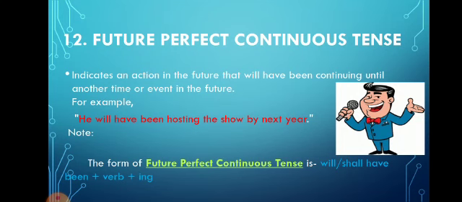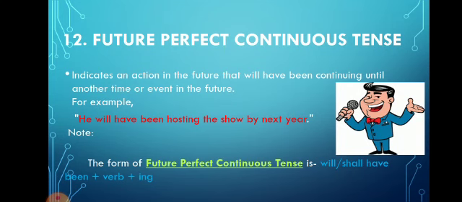Sometimes someone else may come to host the show. We think and expect that particular person will have been hosting because we know only those people. No idea. It could be someone else in the next time when a show is being hosted. So future perfect continuous.